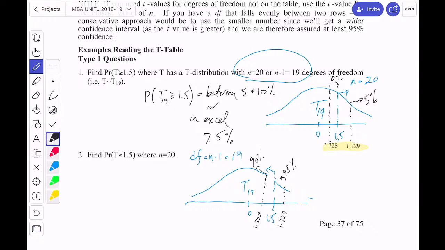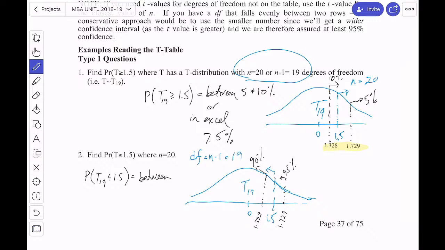So the answer is just a matter of seeing that it's between, I'll do them in numerical order, 90% and 95%.